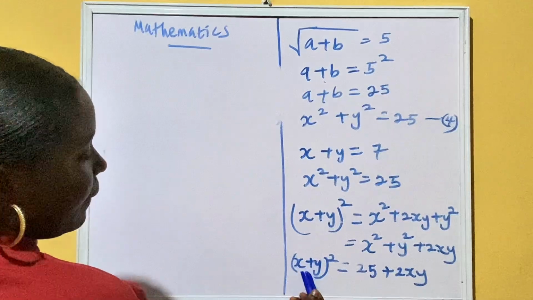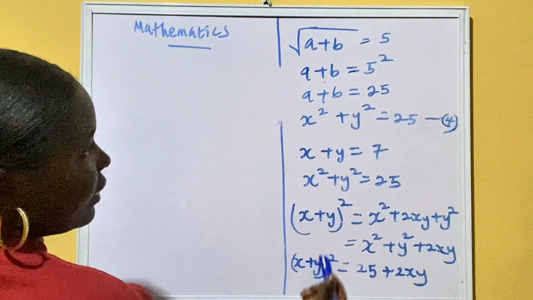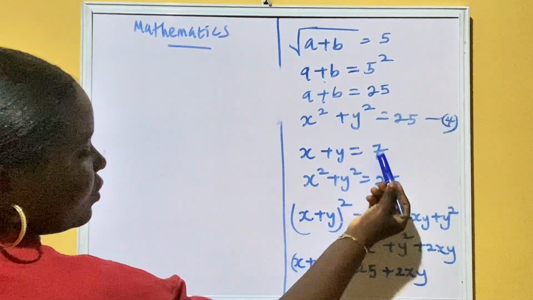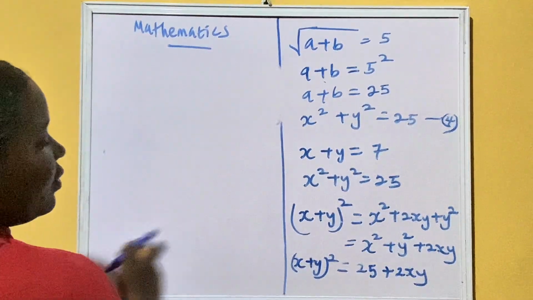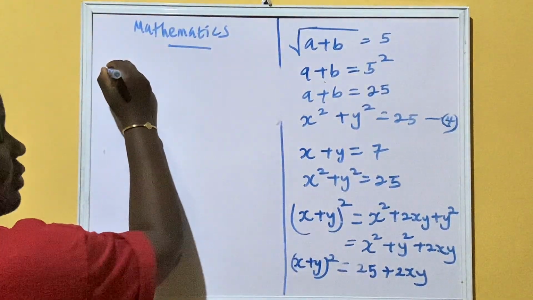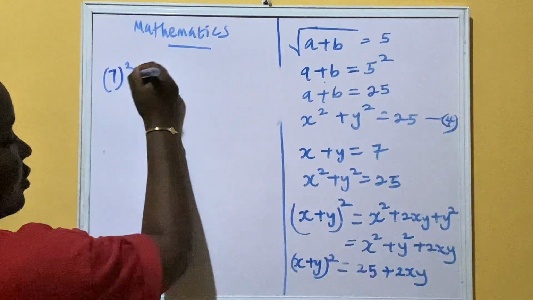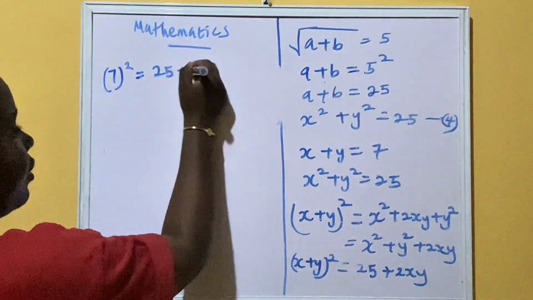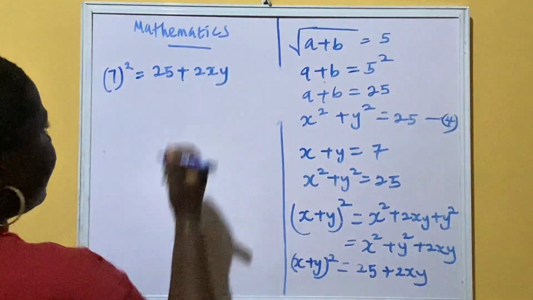Now remember, x plus y is equal to 7. So you have 7 squared is equal to 25 plus 2xy.